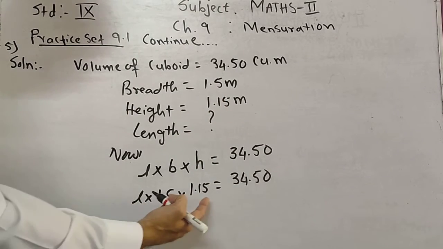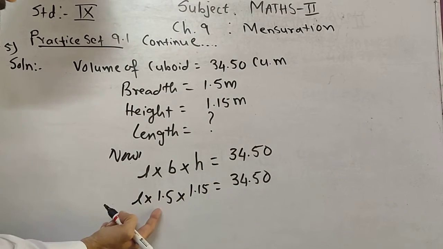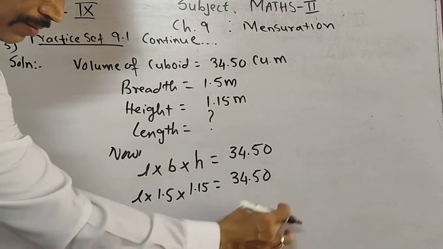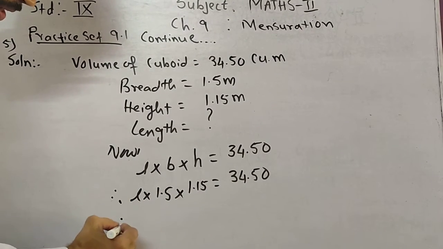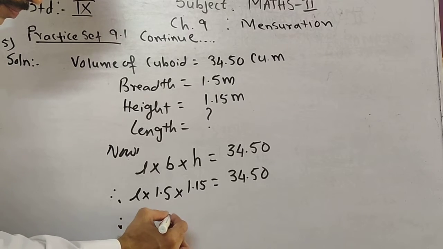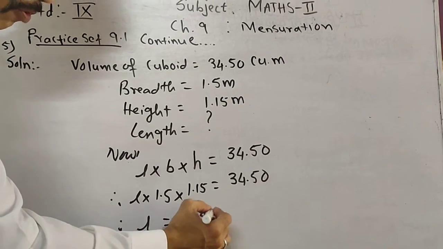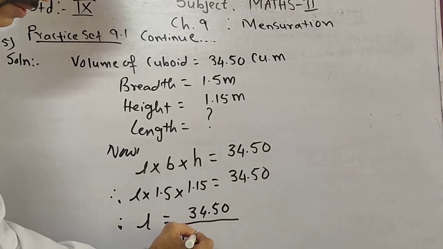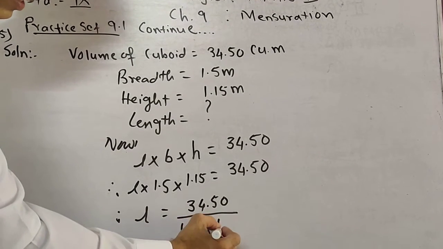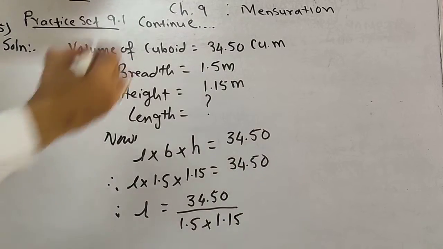Now these two numbers are multiplied here, so this number will go to the other side and become a division, you know very well. Therefore length is equal to 34.50 upon 1.5 into 1.15.